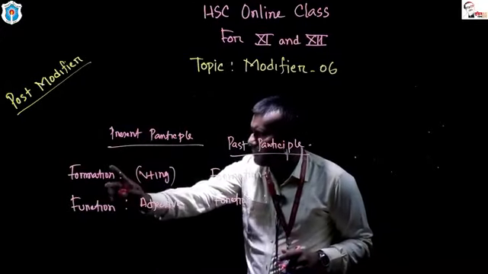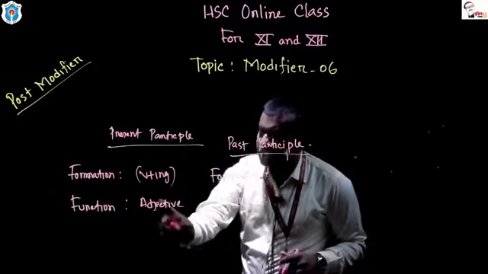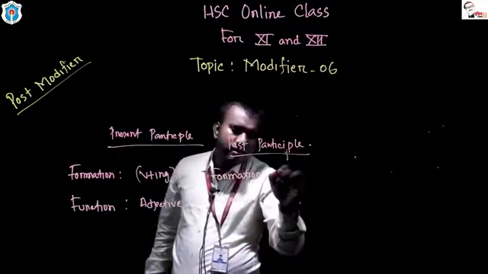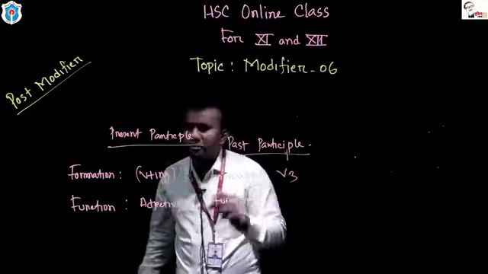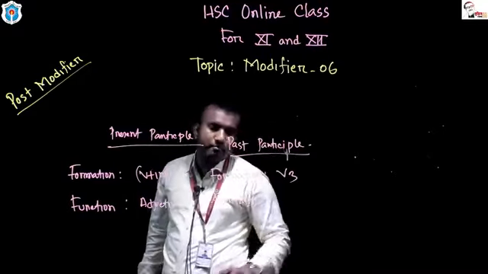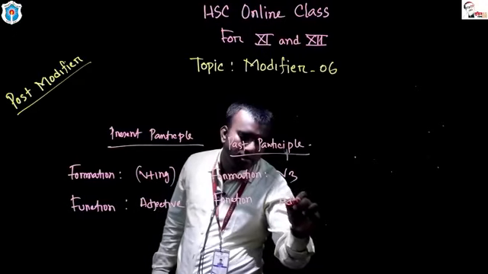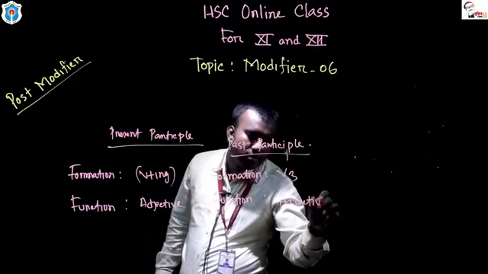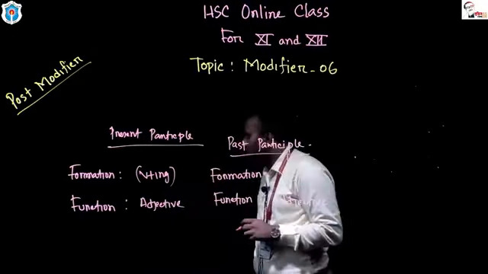Present participle: structure, verb plus ing; function, adjective. Past participle: formation V3, that is the final form of the verb, and function, adjective. Clear? Clear, dear students?